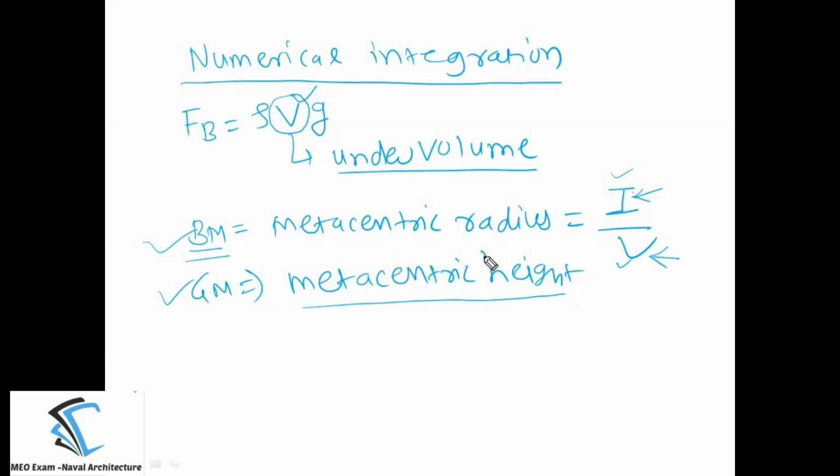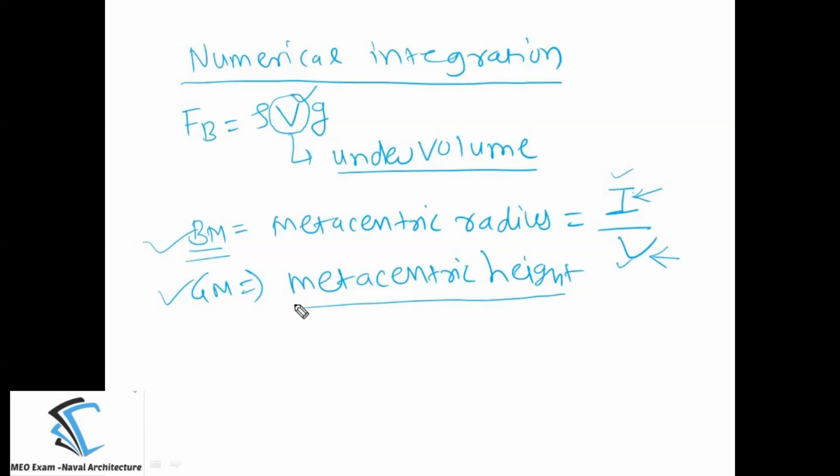But at this moment, why am I discussing this? You should know what the use of this numerical integration is in upcoming classes. So this is the reason I am discussing the application of numerical integration. If you know the GM, you can say whether the ship is stable or unstable.